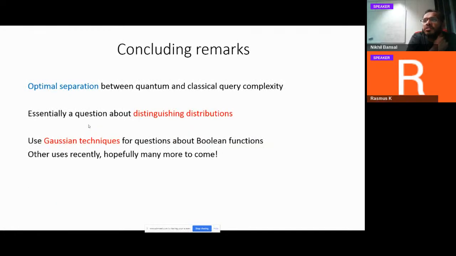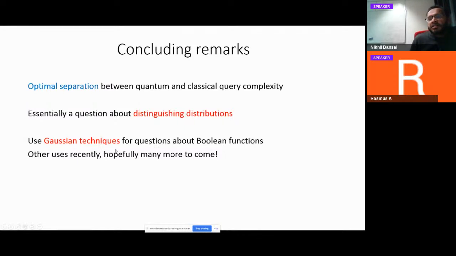Okay, so let me just conclude. We saw this optimal separation between quantum and classical query complexity, and these questions essentially boil down to distinguishing distributions. So it's all about probability. One of the things we did was use Gaussian techniques to answer questions about Boolean functions.